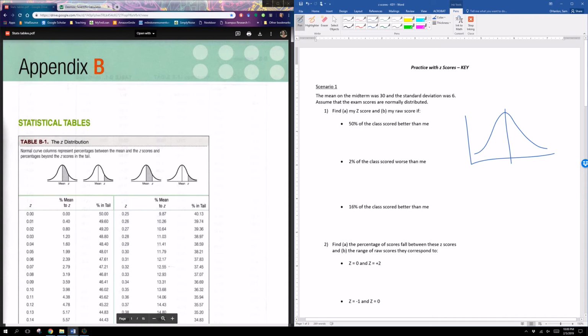So, we're told that the mean is 30. So I'm going to use blue for raw scores. Okay. So raw score is going to be blue, and then I'm going to use red for z-scores.